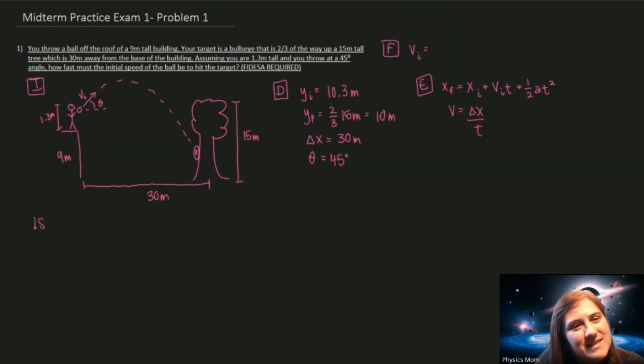The solution set. So here I'm going to start with transferring my equations into the specifics of what we're working with. Instead of writing x final equals x initial, I'm going to put it into the vertical direction. So y final equals y initial plus, this is now just the vertical component of the velocity, v i y t.